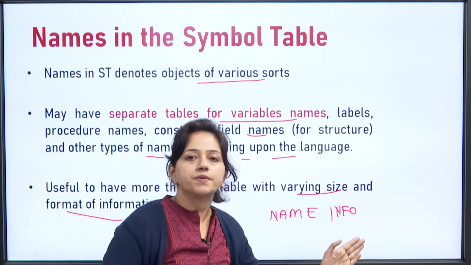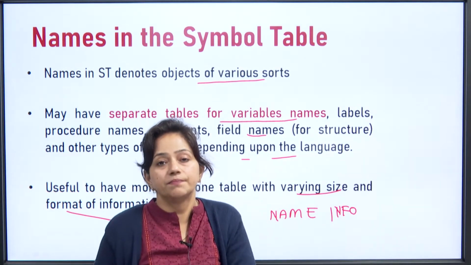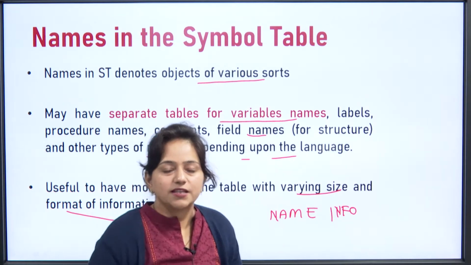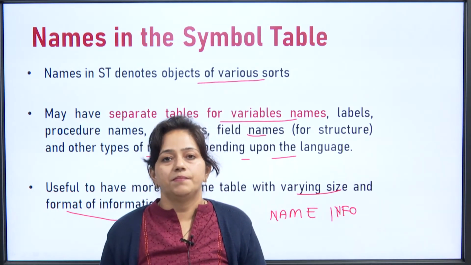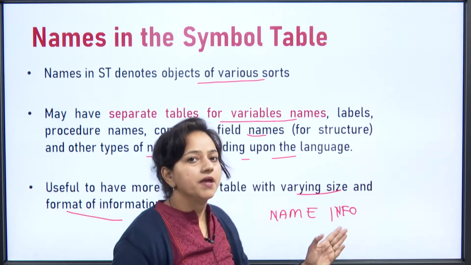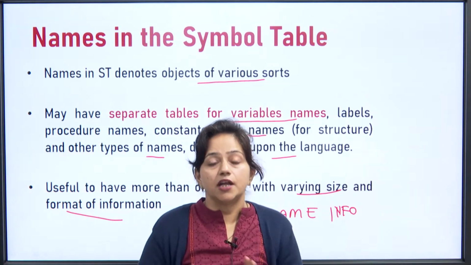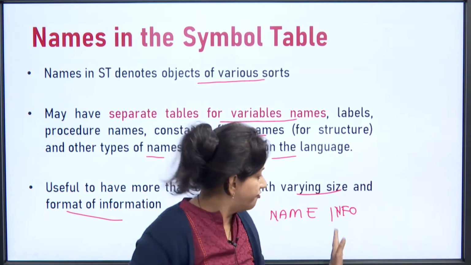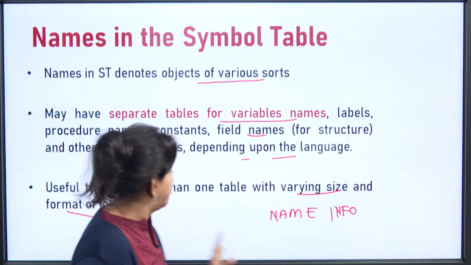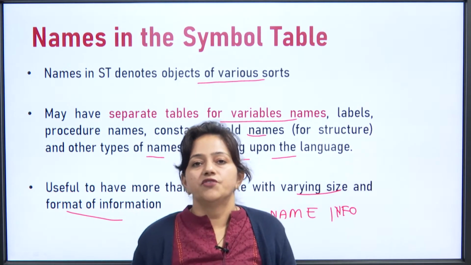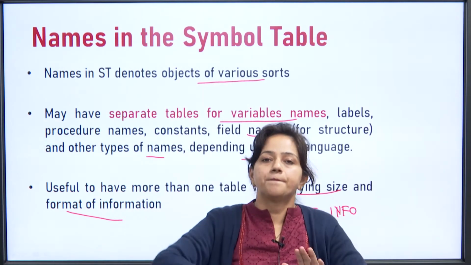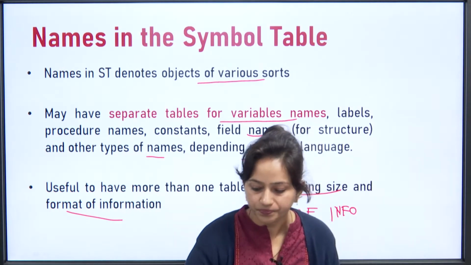If we are talking about a procedure, then the information will have something else, like the various parameters and the return value. If we are talking about an ordinary variable, then it will have only the data type, right. So, the information fields and further subfields are different. Because the format and size are different, it is advisable that we use a separate table for each separate category of names.